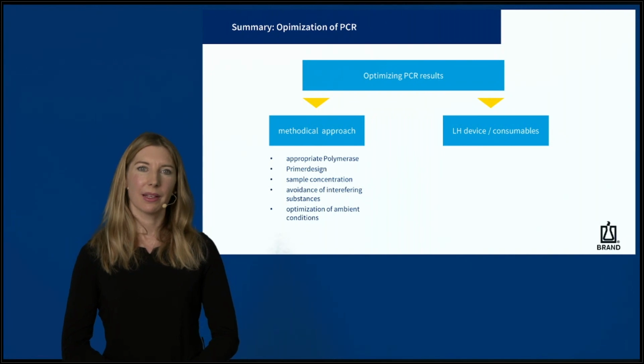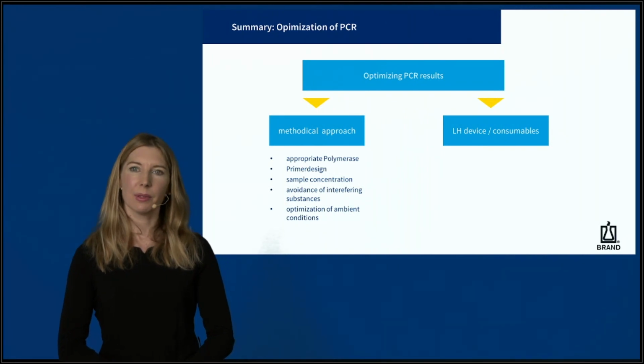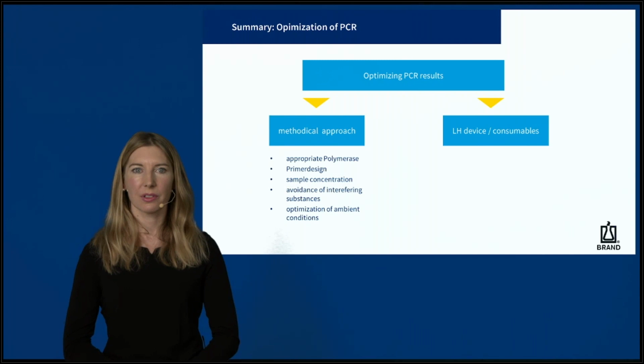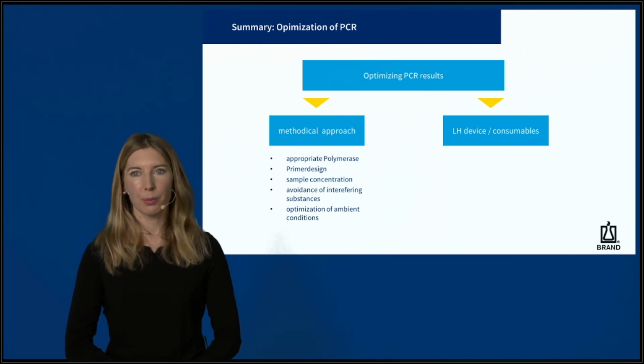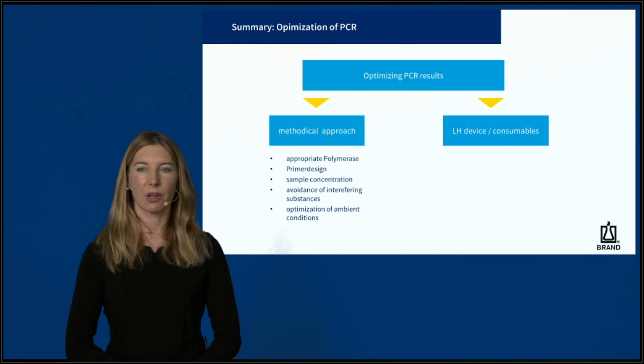Basically, we can make a distinction between the optimization of the methodical approach and the optimization of the working material used, whereby both points are absolutely relevant for an optimal result.